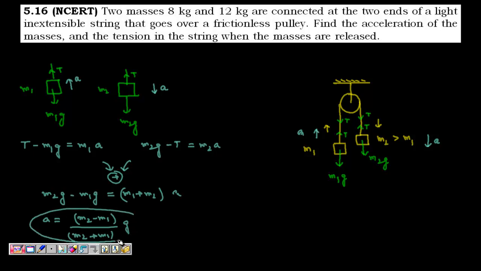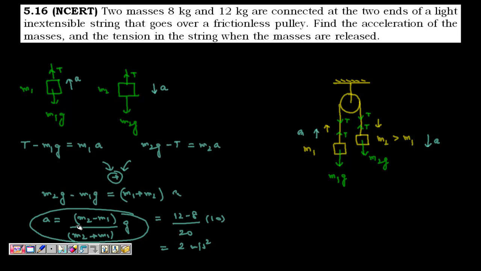This is the required result, and if you put the values of m1 and m2, you have 12 minus 8 divided by 12 plus 8, that is 20, into g, that is 10. So you will get 2 meters per second squared.